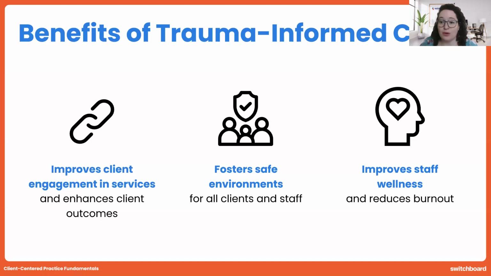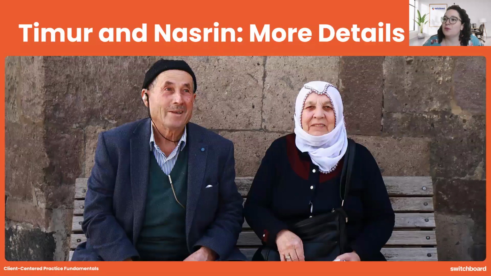They may have trauma of their own that gets re-triggered. So if we're using trauma-informed care, we're supporting everyone to have a better, safer environment for this work to continue more sustainably. We have a lot of resources here at Switchboard about supporting staff to do this work, but just that this is always supportive of both clients and staff. So with that, we're going to go back to Timur and Nasreen.